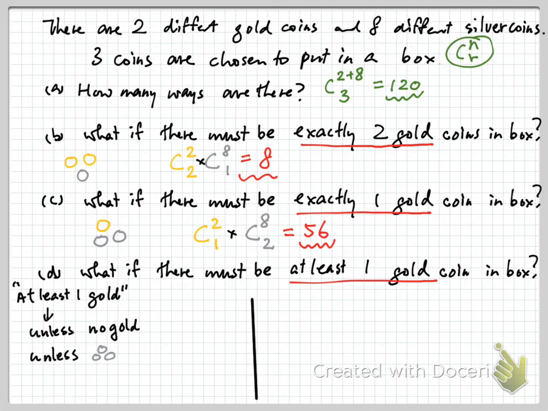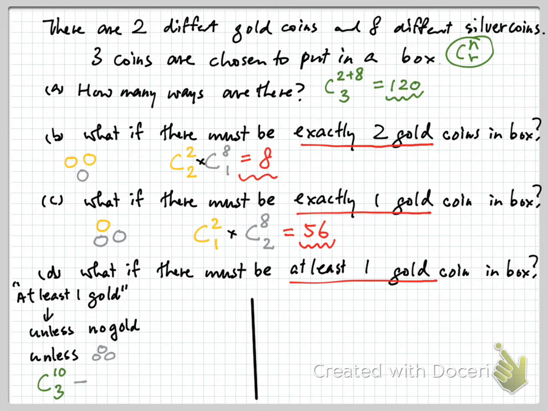So unless means 1 minus. 1 is the original number of ways, that would be 10C3. This is the number of choices you can make regardless of color. And from that, we take away the all silver combination.